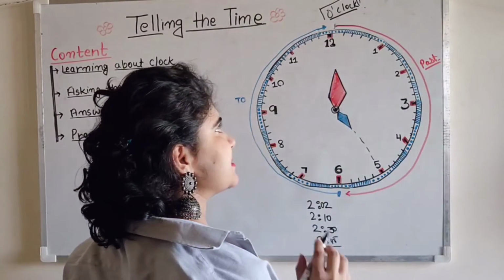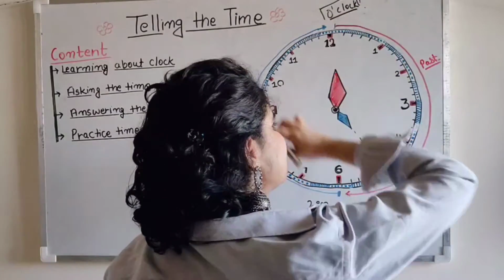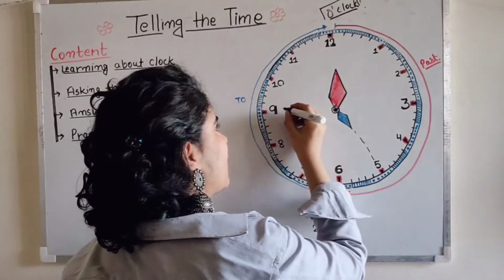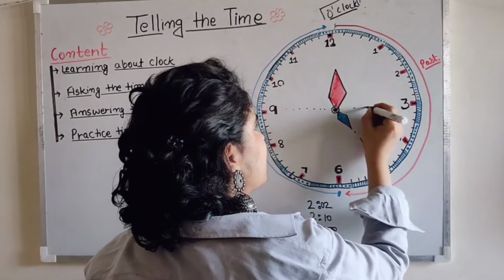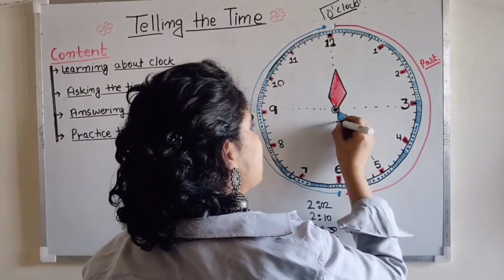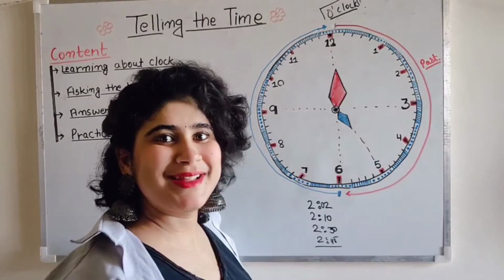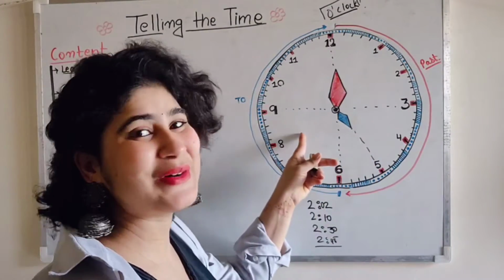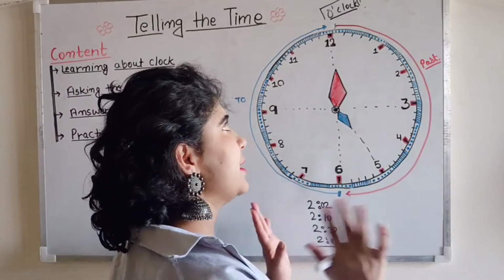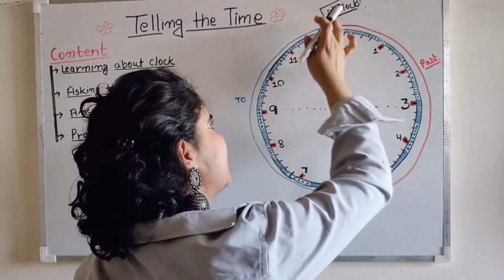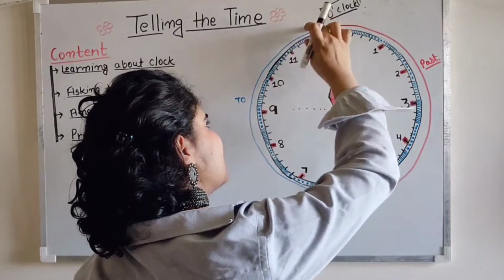Now let's talk about this whole clock. If we divide this clock into 4 parts, it becomes the quarter. Not this one, but the quarter which we are talking about here. Okay, now this portion is called past, and here from 6 to 12 it is called to.